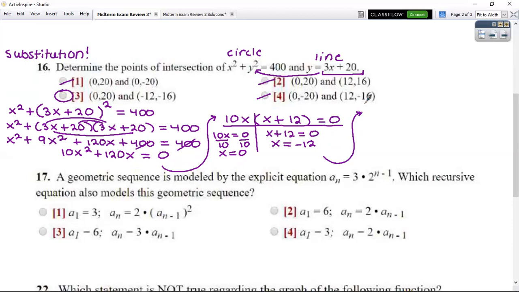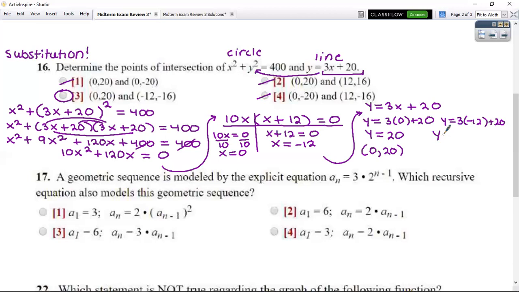If you needed to show the work, you would just continue on and do this. So I would go y is equal to 3x plus 20 and substitute in. We would have y equals 3 times 0 plus 20. So that's where this answer came from. So this one is 0, 20. And then your other one, you would go y is equal to 3 times negative 12 plus 20.